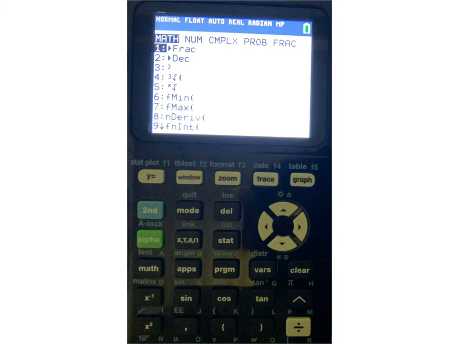So if you went to math, right here, this math will get you to this menu, and then you can choose this for cube root, this for cube, and if you have the xth root, like if you have the fourth root or the fifth root and so on.